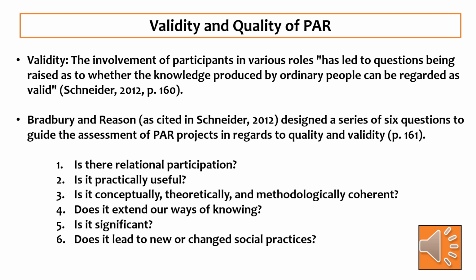Is it conceptually, theoretically, and methodologically coherent? Does it extend our ways of knowing? Is it significant? Does it lead to new or changed social practices? By incorporating those 6 particular questions in the research, this really provides that guidepost for validity and quality of the research.